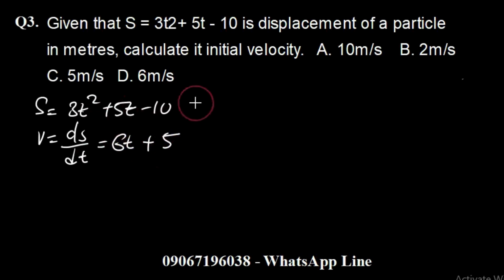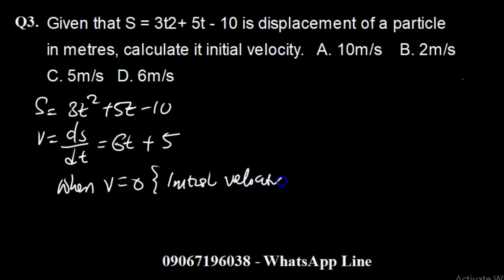Now the initial velocity will be gotten when t is equal to 0. Please take note of that. Initial velocity will be gotten when t is equal to 0.